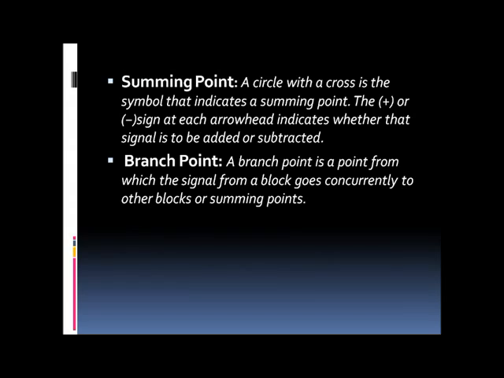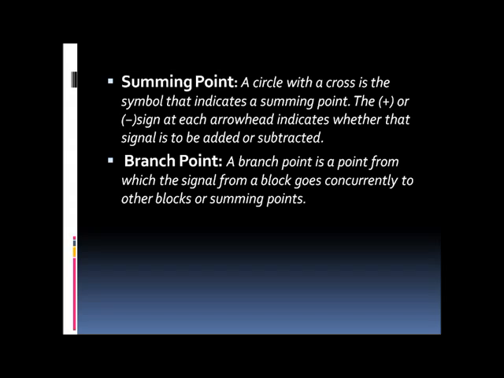The next one is the summing point. A summing point is a circle which has a cross in it, and it could have either the plus or the minus sign in it, and it basically denotes the summing operation. If you have plus, it indicates the signal is being added, and if it has a minus sign, it means that the signal is being subtracted.